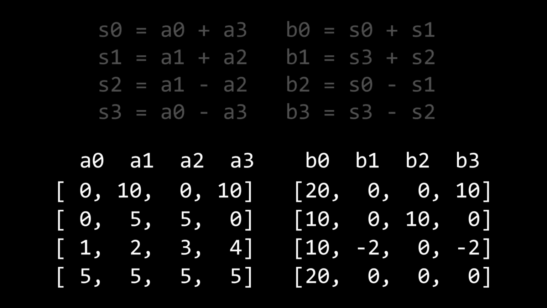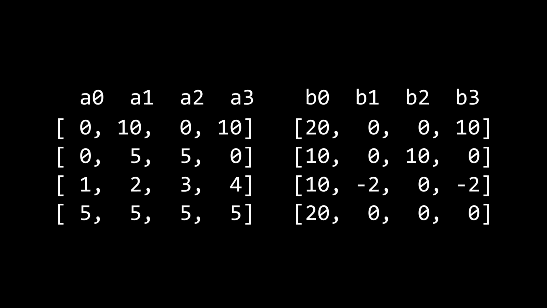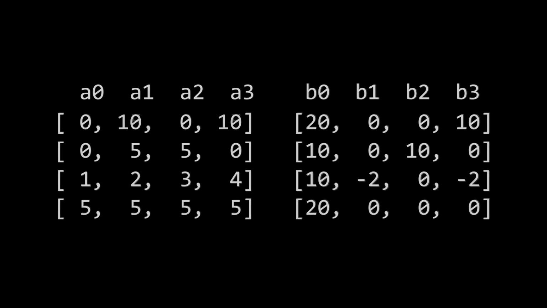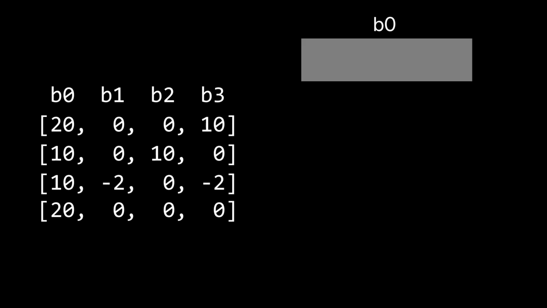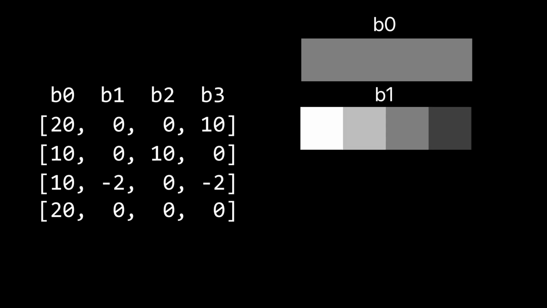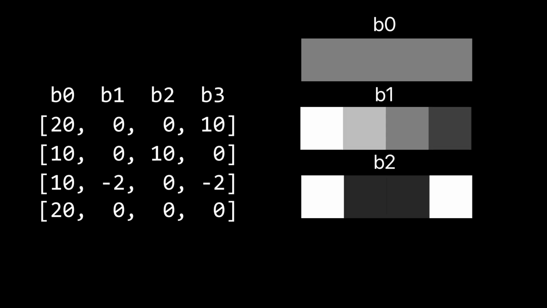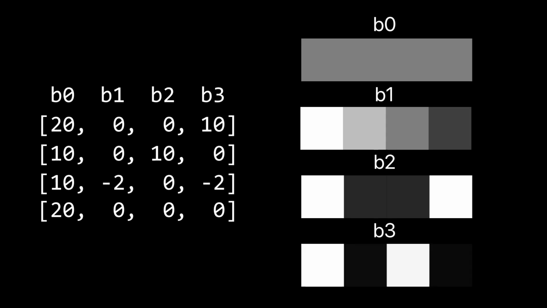By combining sums and differences, the transform captures different levels of detail in the residual. The coefficients reflect increasing complexity. B0 captures flatness, B1 captures first-order changes, B2 captures second-order changes, and B3 captures third-order changes.